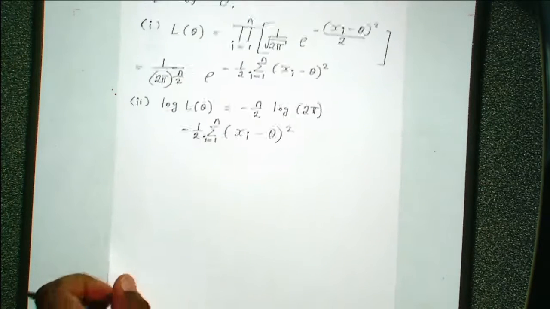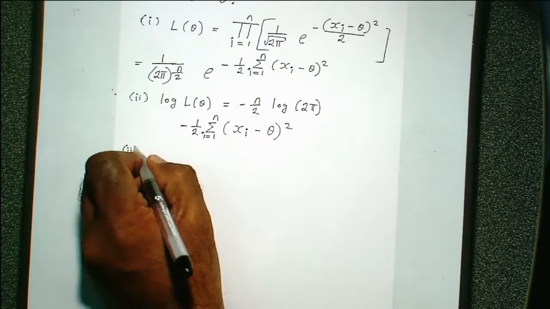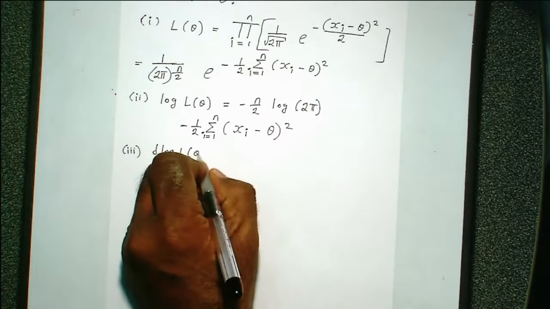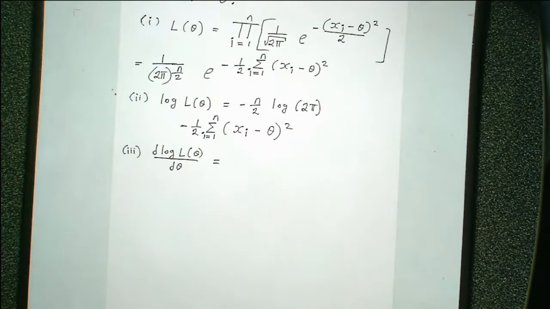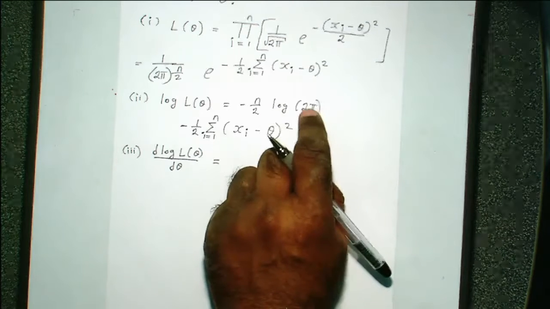Step 3 is to take the derivative. Now, I know you guys are doing calculus. What's the derivative of this with respect to theta? You don't know? This is a constant, so the derivative is 0, right?